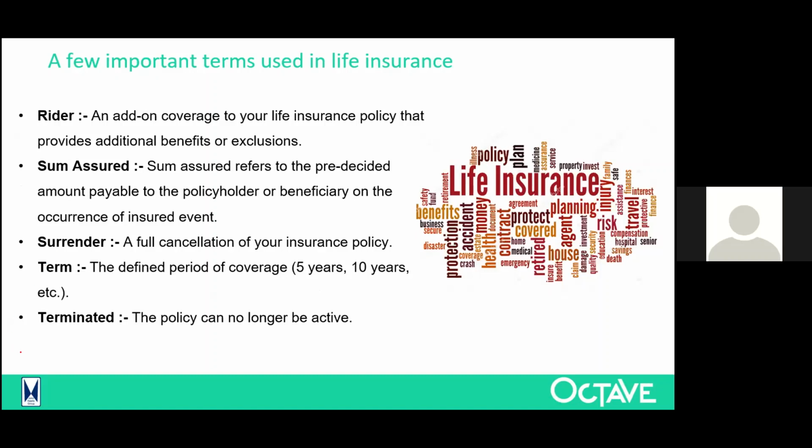And the important one, or I would say another common one, just like premium, is something called sum assured. This sum assured refers to a pre-decided amount payable to the policyholder or beneficiary on the occurrence of an insured event. So what that means is, when you're signing your initial policy, the contract between yourself and a company, you're going to decide the amount of premiums you're going to pay, either monthly or quarterly or annually or whatever.